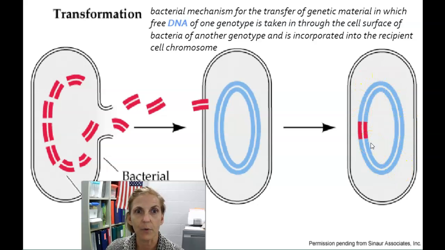So once it's incorporated in this genome, if you will, then this bacteria will transcribe, translate, and produce the proteins associated with that gene, which in this case is that shell, the capsule surrounding the S strain. So this is what caused the R strain to become deadly.